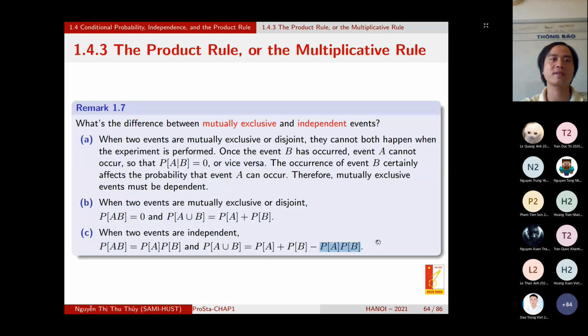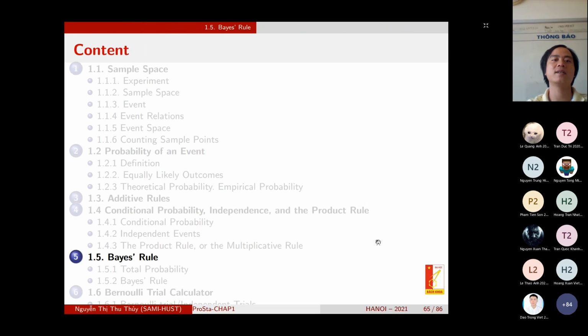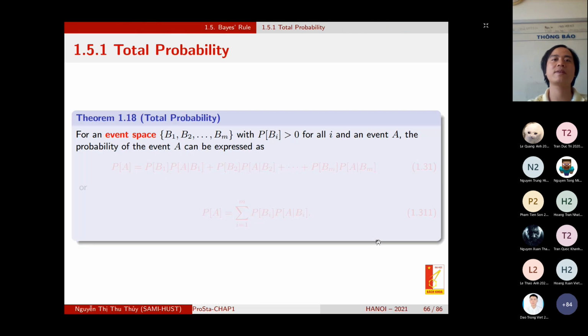That's remark 1.7. And now we move to the very interesting theorem. The theorem is Bayes' rule, or we can say Bayes' theorem. And from this very important theorem, they even set up a new approach to statistics.